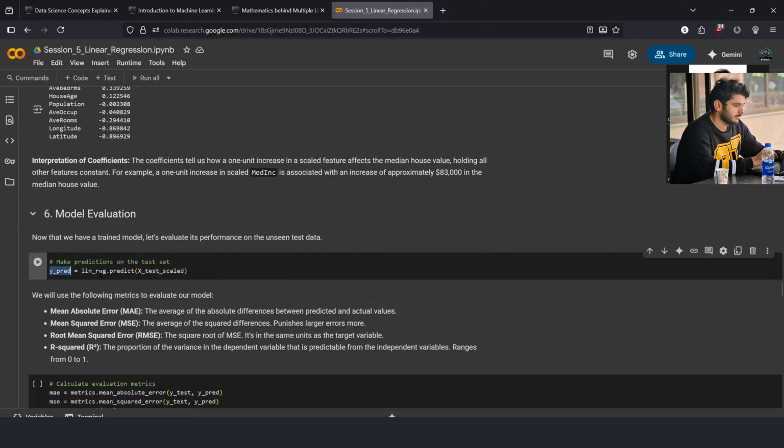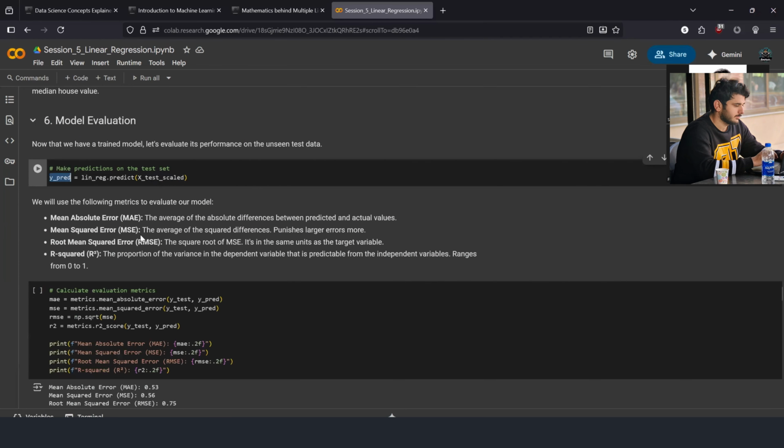We didn't provide it with y test, the test values for the dependent column, right? So basically we are trying to generate the predictions and we will compare these predictions with the actual values. Based on that, we will see how accurate our model is.